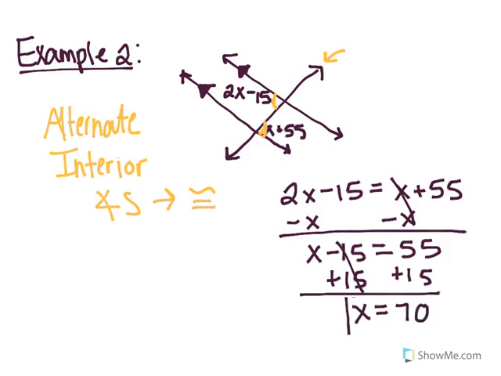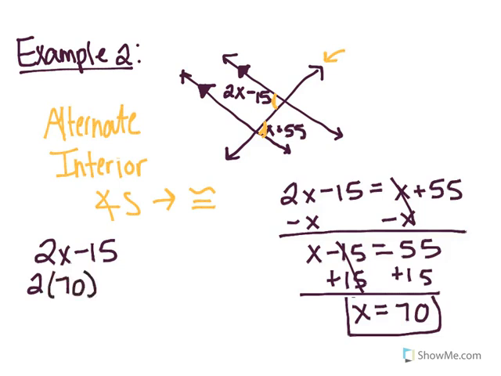Now, granted, I'm glad that I've got my x value, but I want to go back in and figure out the measure of both those angles. So we're going to do some substitution. So I'm going to do 2x minus 15 here, and I'm going to substitute x with 70 to figure out how big that angle is.